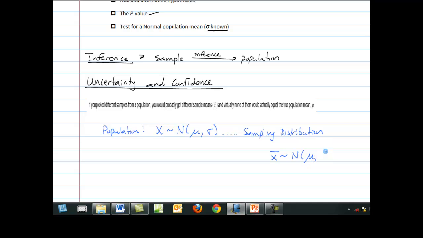The standard deviation becomes smaller, and again, the larger my sample size, the smaller that standard deviation will be. So if you want to think about it like this, as n increases, this overall fraction decreases.